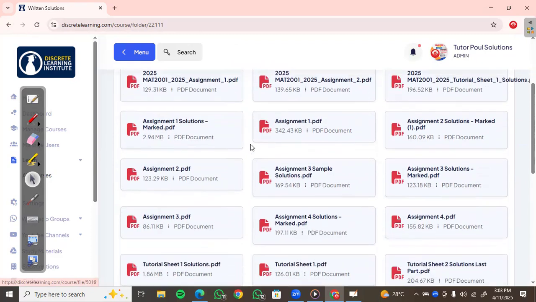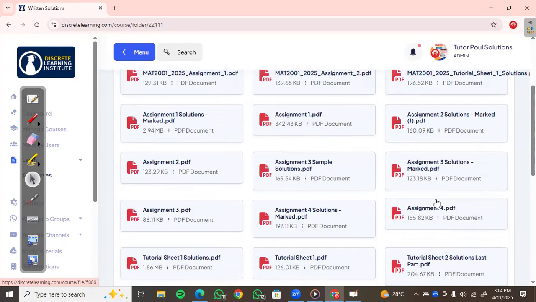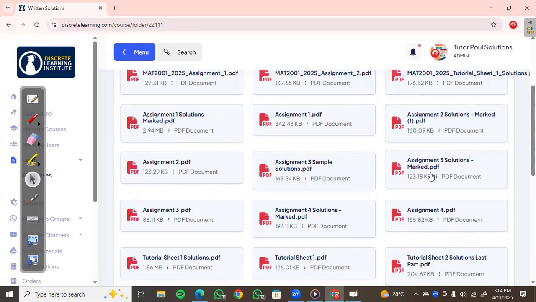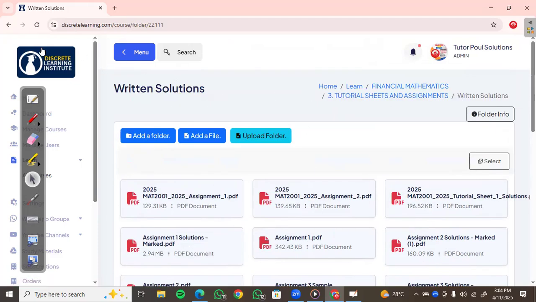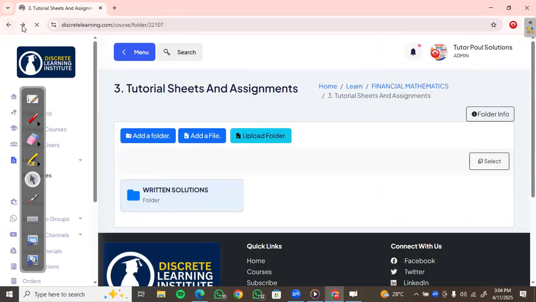Dr. Msonda doesn't usually change the assignments and the tutorial sheets. So for your assignment 2, you can check the solutions there, assignment 3 there, just like that. The tutorial sheets have some solutions, plus the quizzes also have some solutions that you can check.